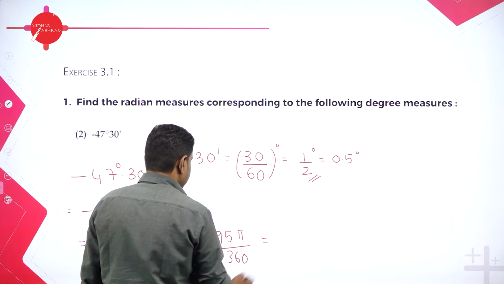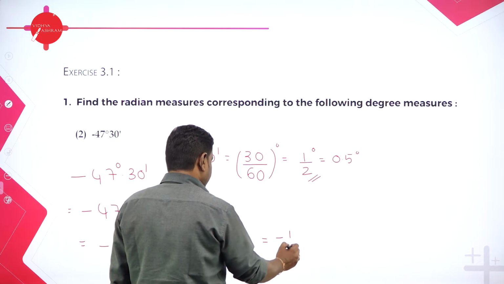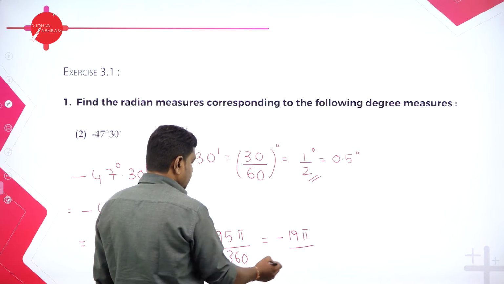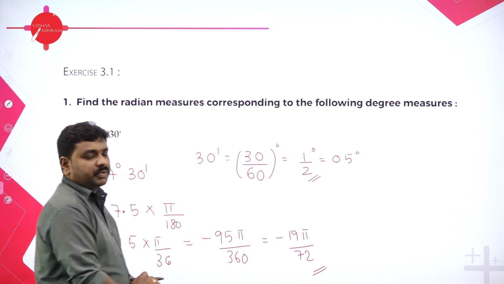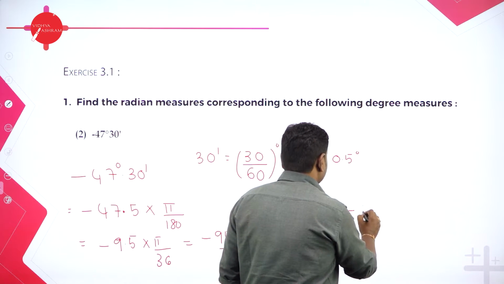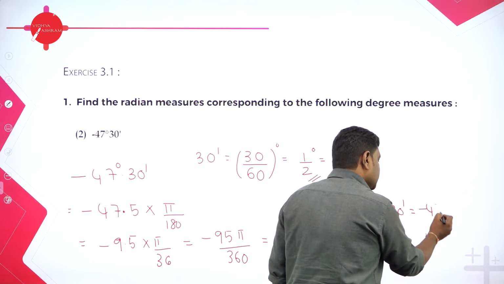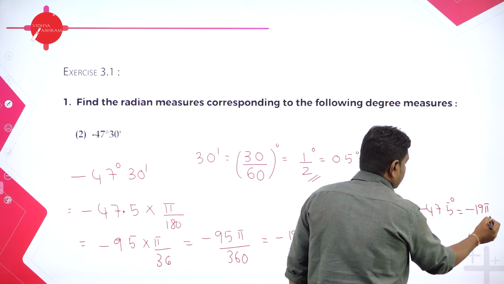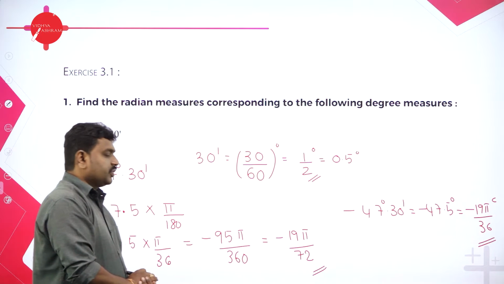Now simplify this. Further both are divisible by 5. 5 1s are 5, 5 9s are 45, pi divided by 5 7s are 35, 10 2s are 19 pi by 72. Therefore, minus 47 degree 30 minutes, first I made it minus 47.5 degree. Then I wrote it as minus 19 pi by 72 radians. This is the value. I hope all of you understood.